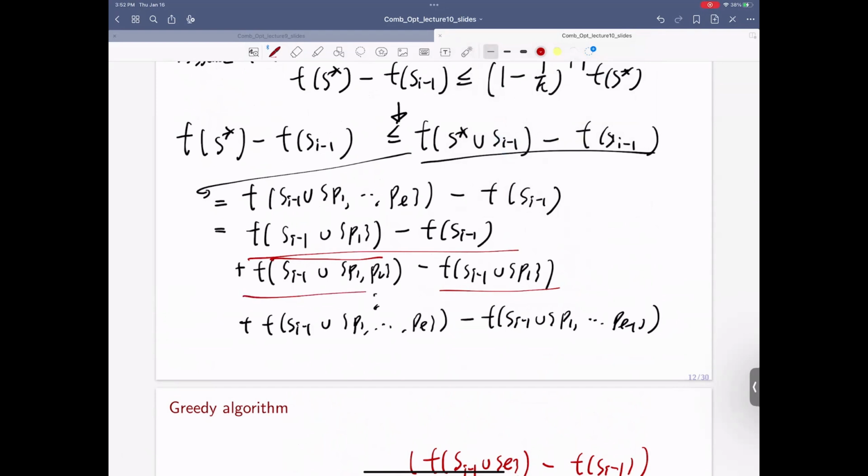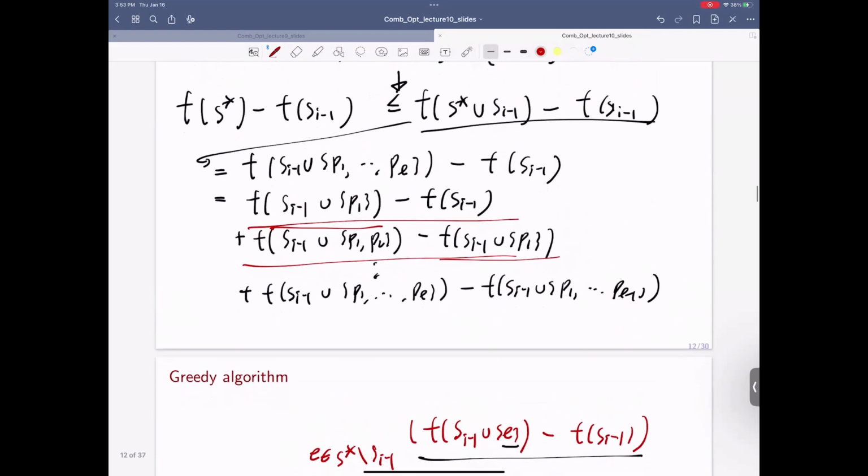And what about the second difference? S(i-1) is a subset of S(i-1) union P1. If you look at this difference, this is the marginal return of adding element P2 to this subset.